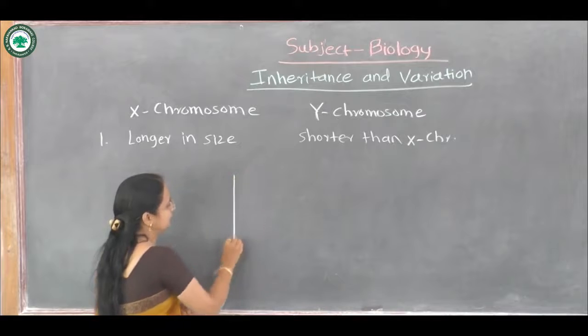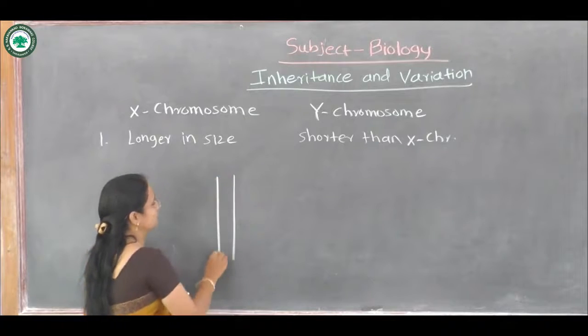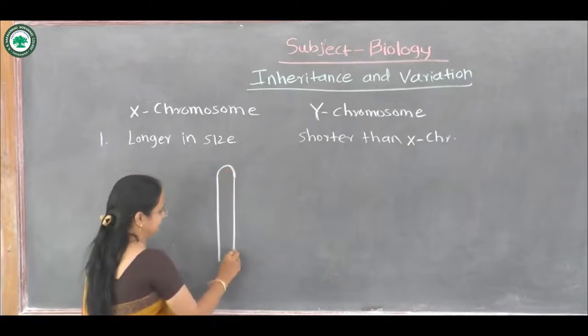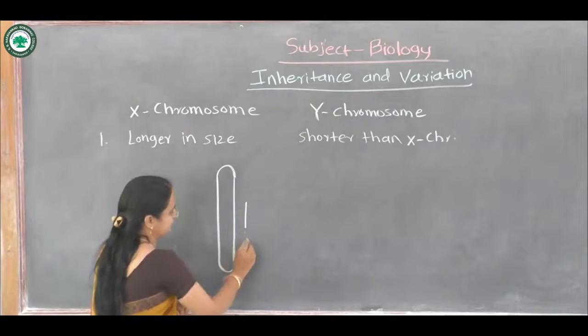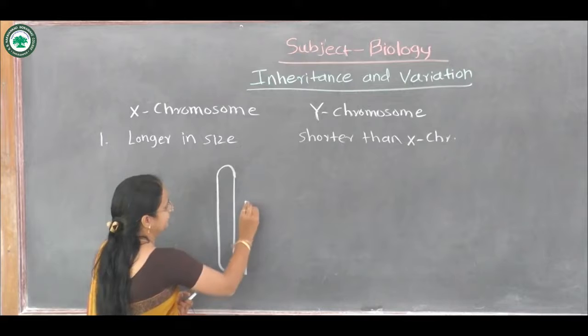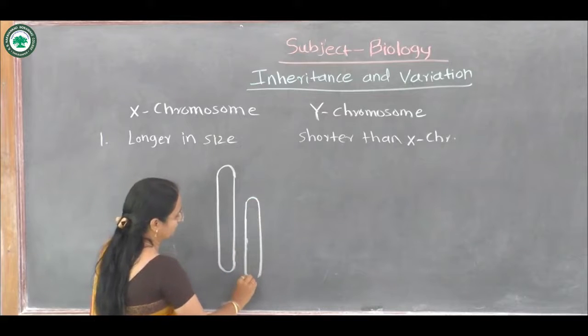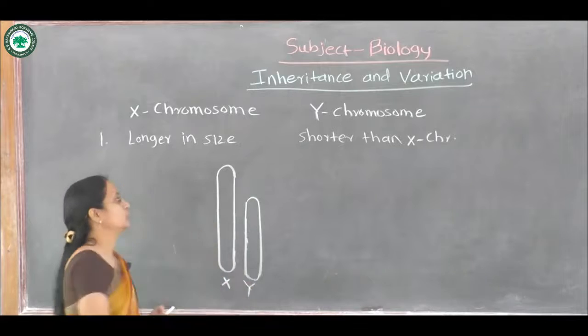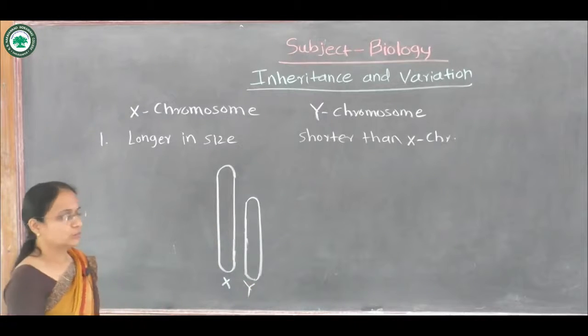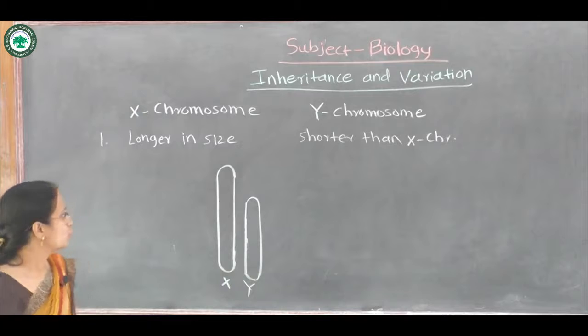Suppose this is the diagram of the X chromosome, having long sides, and this diagram is showing the Y chromosome. This X chromosome is longer and this Y chromosome is shorter.